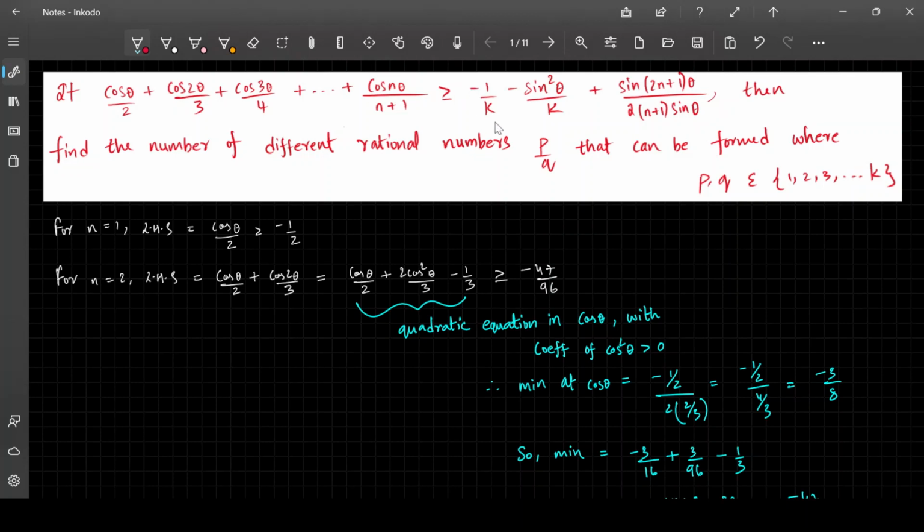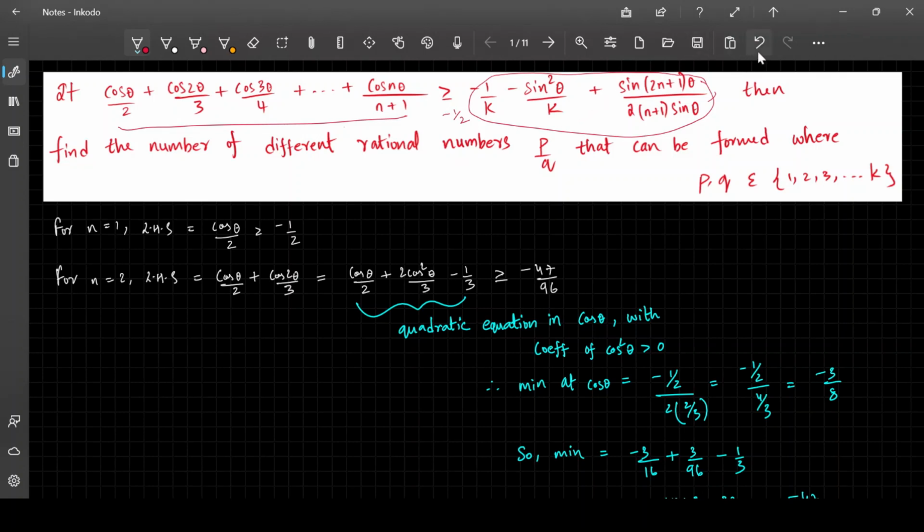To be honest, this right hand side part can be solved further, and we can come to the conclusion that this LHS, the left hand side, is greater than or equal to minus half. I am not showing the solving procedure of all those things because it's somewhat out of context, and it takes a lot of time, and I want the video limited to 30 minutes.